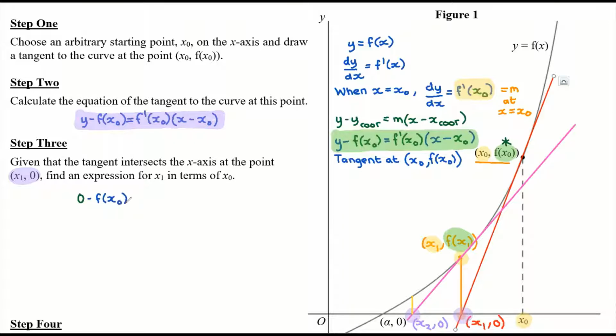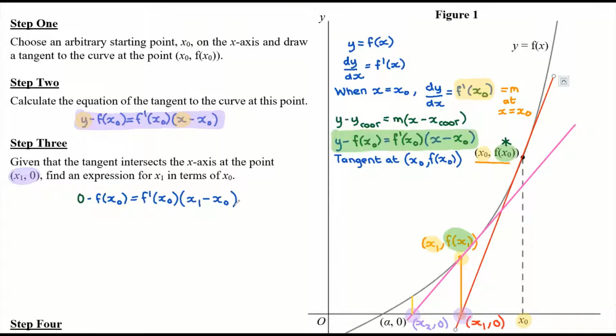So notice that the variables in this tangent equation are the y and the x here. Everything else takes on a particular value, and not variables. So this is going to equal f dash of x naught, and then we're going to multiply that by x1 subtract x naught.